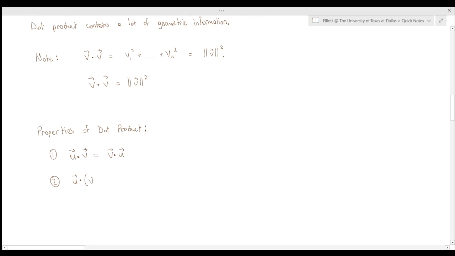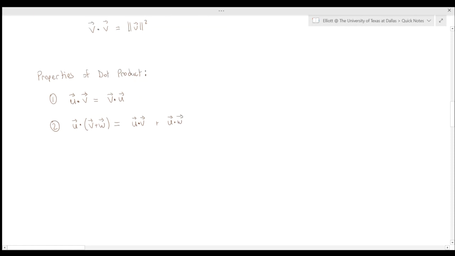So if you have u dot v plus w, you can distribute the dot product, and this will leave you with u dot v plus u dot w. Of course, it works the other way. So if you have u plus v dot w, you can also distribute this.